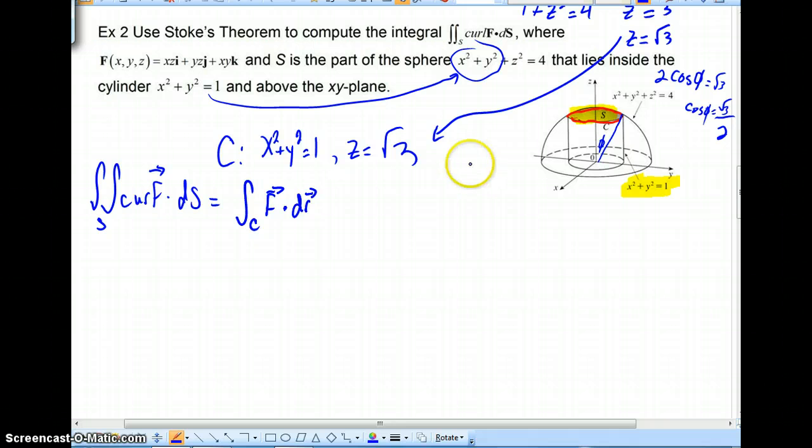Well, first of all, let's write out our curve parametrically. Generally, what we've done is we've written it out in terms of t. Because we have a circle for curve C, very quickly we could note that x would equal r cosine of t. Our r would be 1, so we could just say cosine of t. Our y value would be sine of t. And z, of course, would be fixed at radical 3.